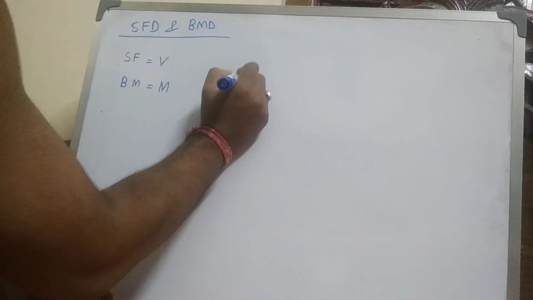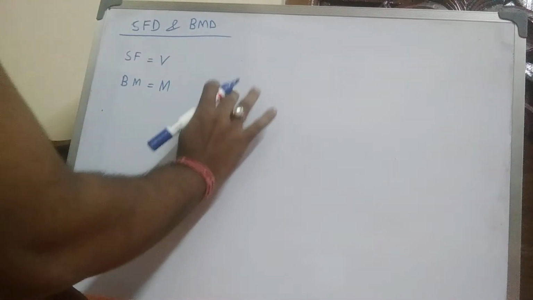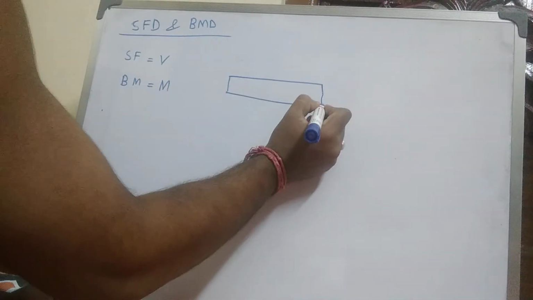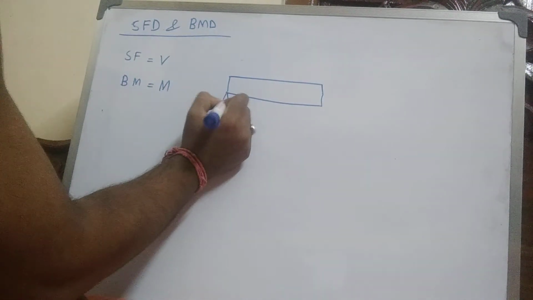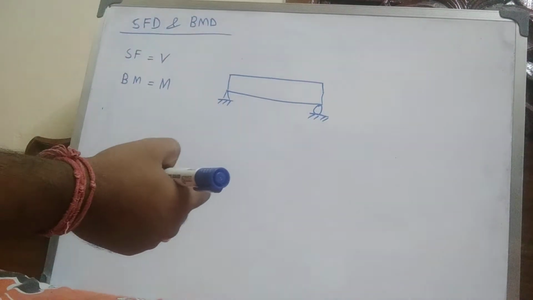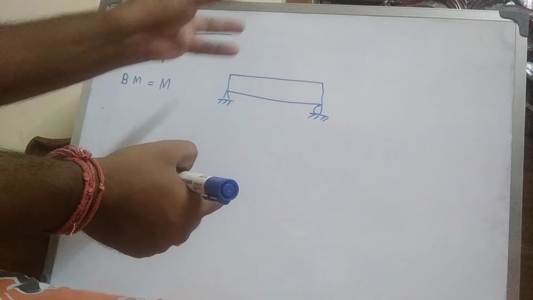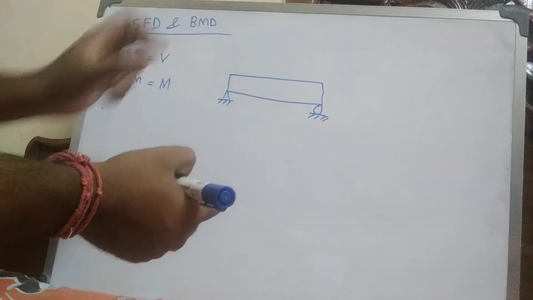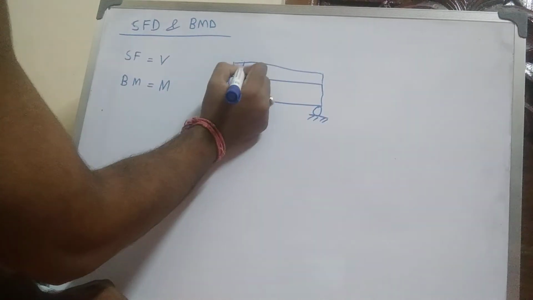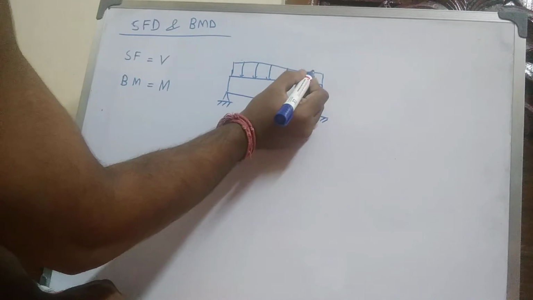First, suppose this is a simply supported beam. One end is a hinge and the other end is a roller or knife edge, and both supports are situated at the extreme ends. A uniformly distributed load acts over the entire span of the beam.